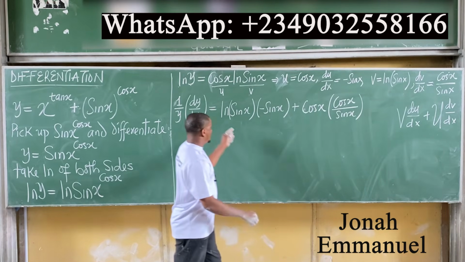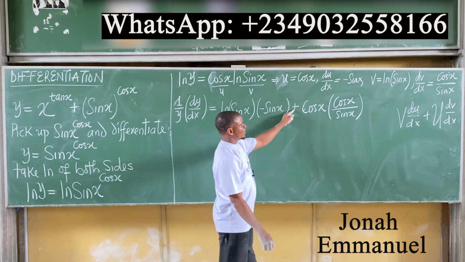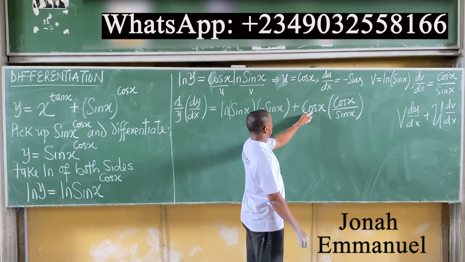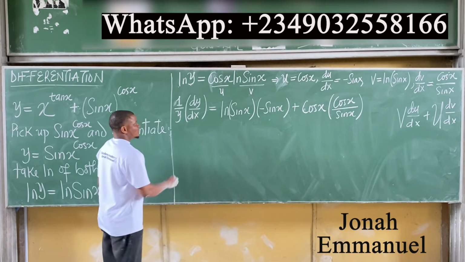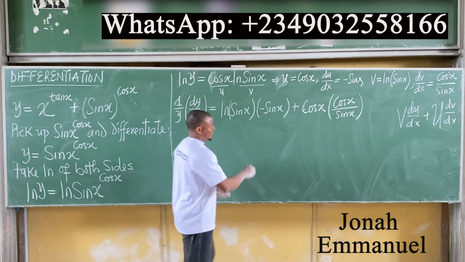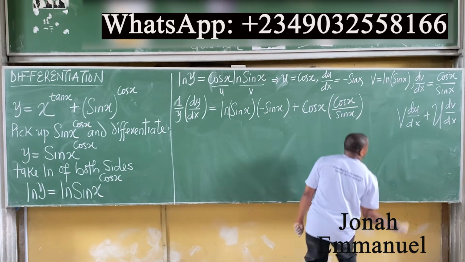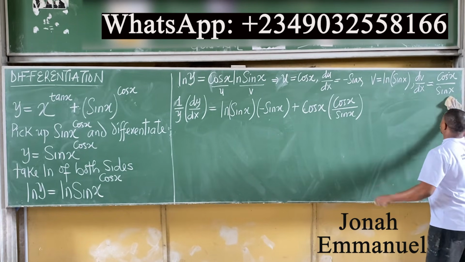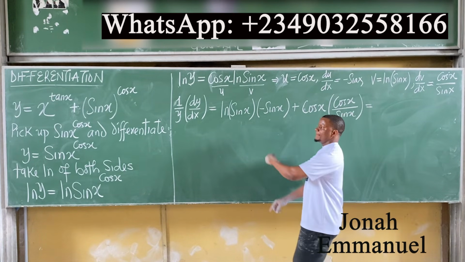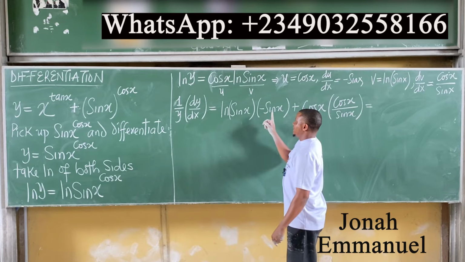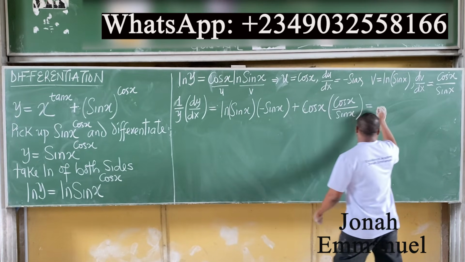So v du/dx plus u dv/dx. Let me simplify here so that I save space.